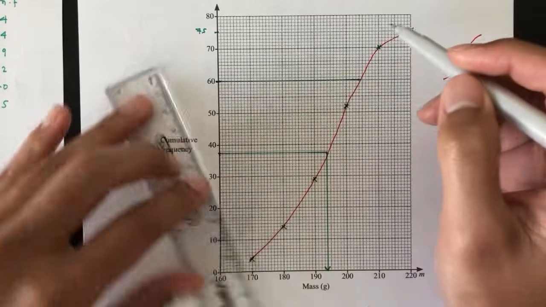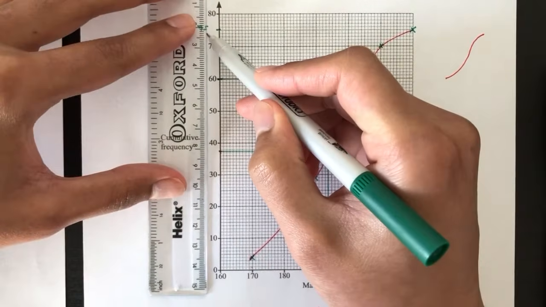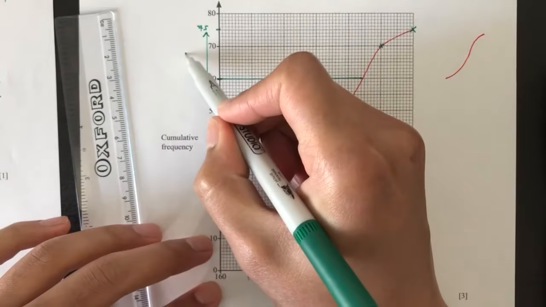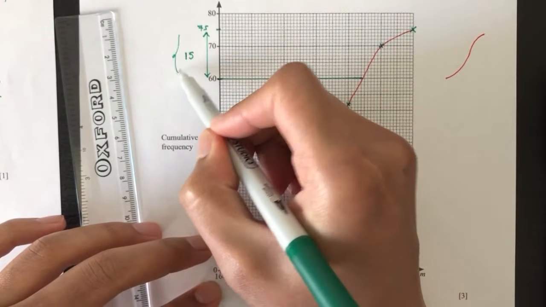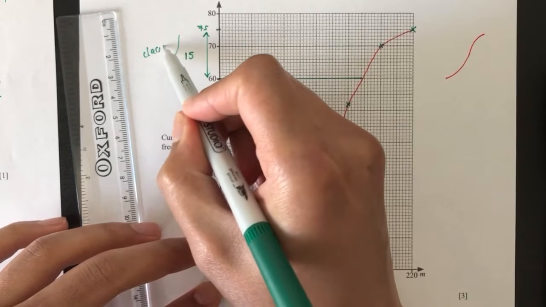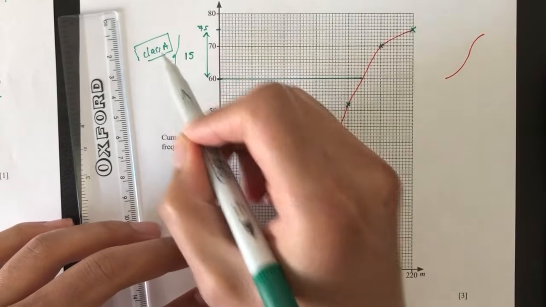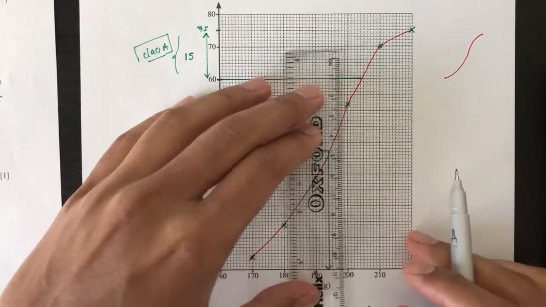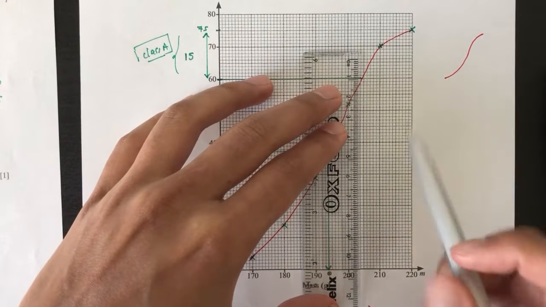Okay, so the question shows that this group here, the group 60 to 75, is 15. So this is the group class A, right? For this group, let's find out what is the mass requirement.